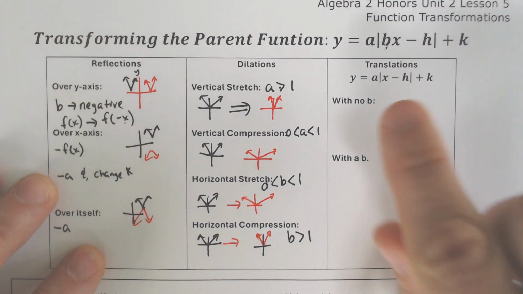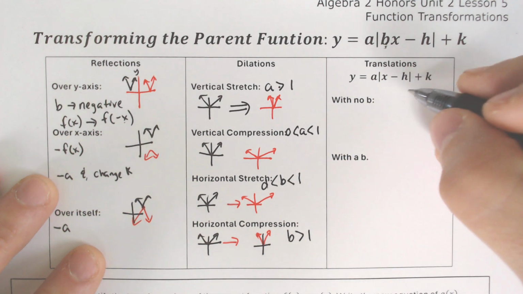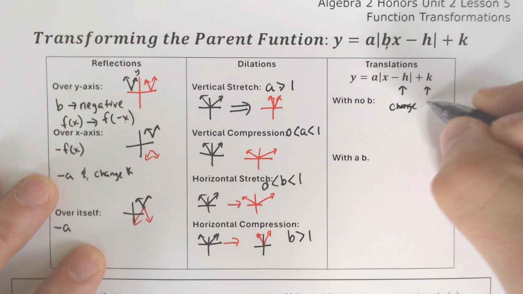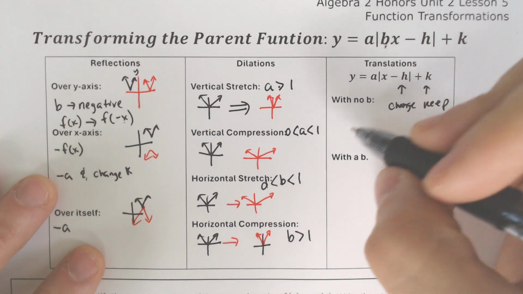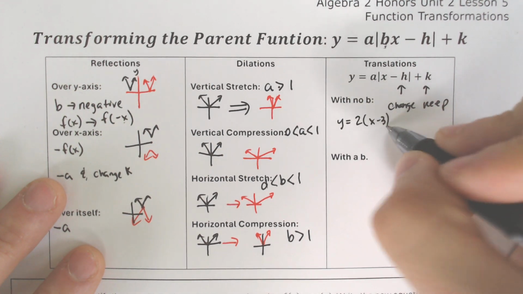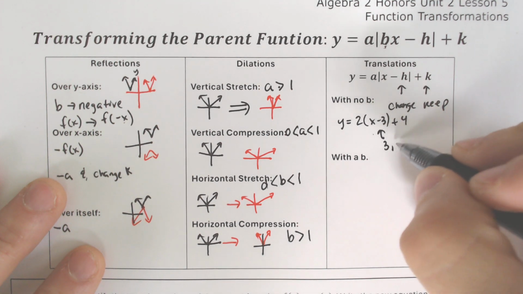All right, translations. This is one of the easier ones as long as there is no b. If there is no b, it is just change the sign, keep the sign. Let's say, for example, we have y equals 2 times (x minus 3) plus 4. That would mean that it goes 3, 4.